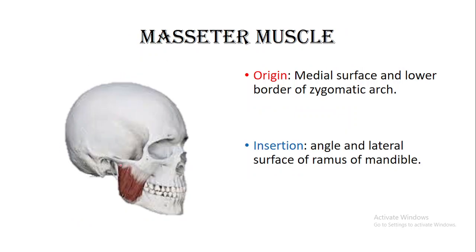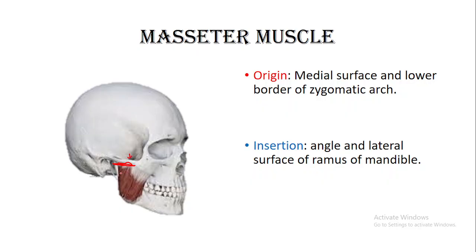Next is the masseter muscle. Masseter muscle takes origin from the medial surface, that is the inner surface, and lower border of the zygomatic arch. Lower border of the zygomatic arch and the inner surface or the medial surface of zygomatic arch, which is present towards the skull.